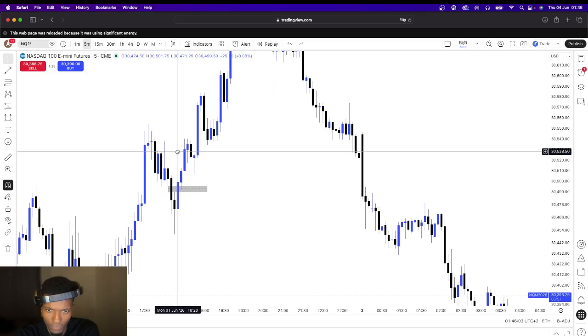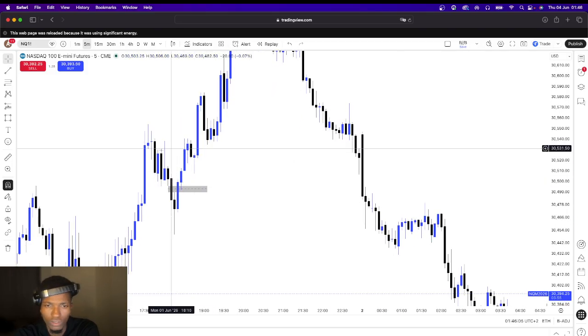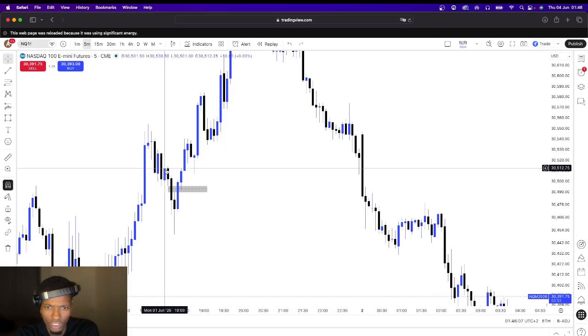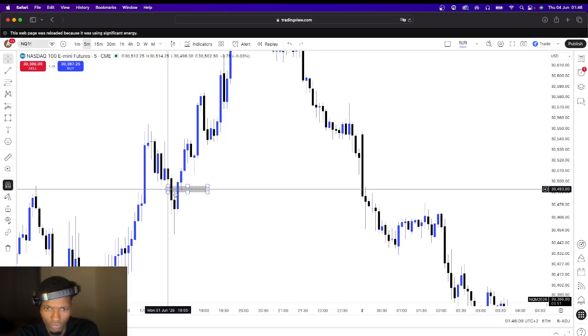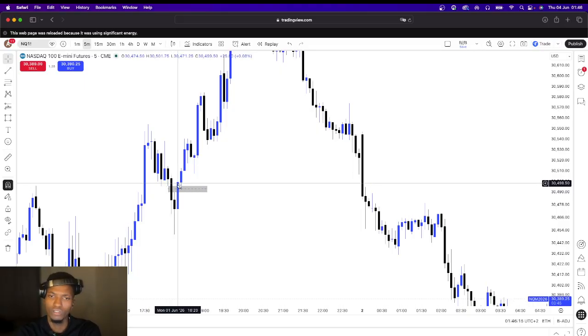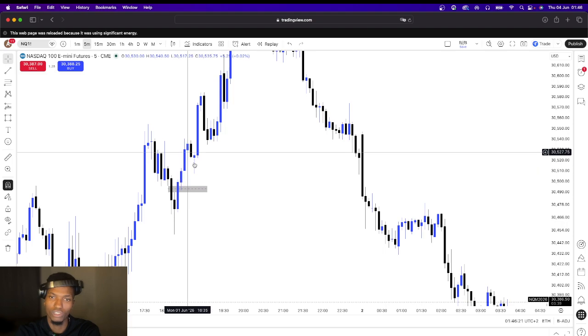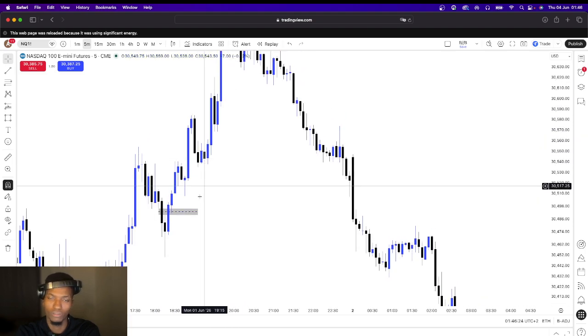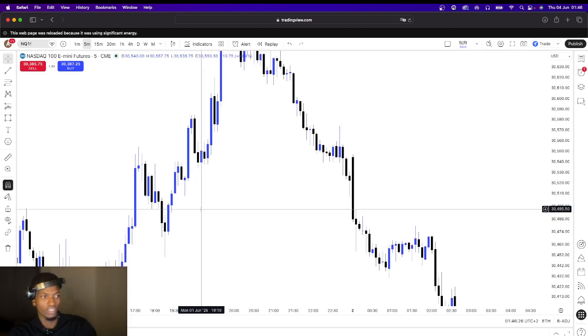There, see? So price went down, up, down, then we found the fair value gap down here. Then what happened? We inverted with a full body closing outside of the fair value gap, above it. Then what did price do? Started going up. So that's what inverse fair value gaps are, right?